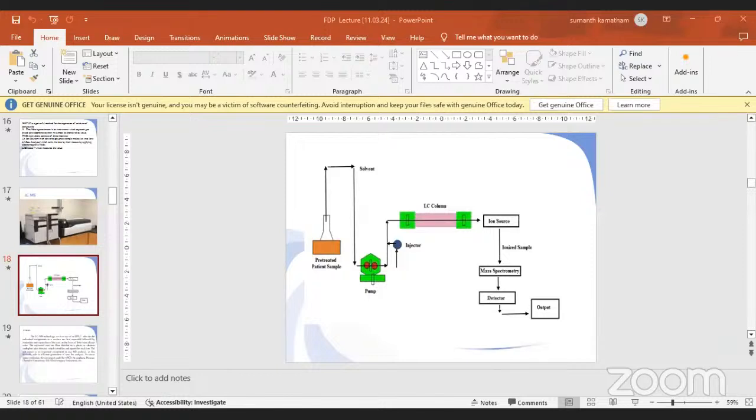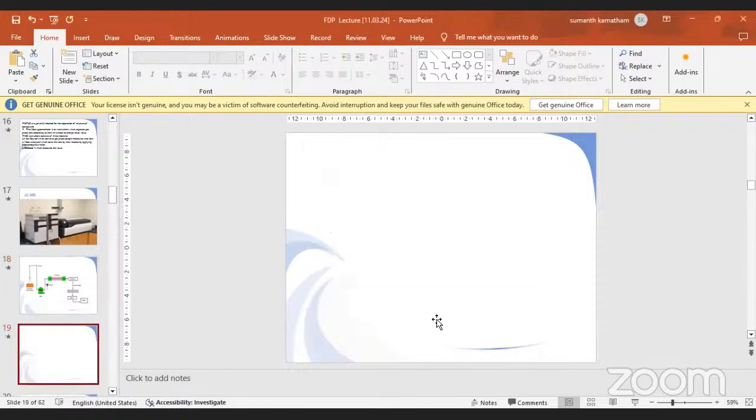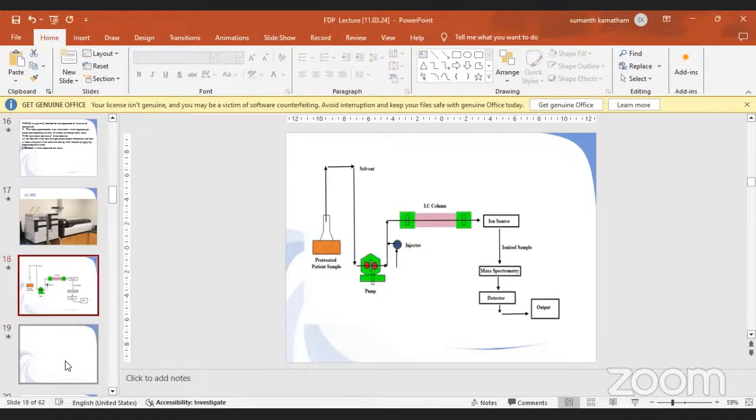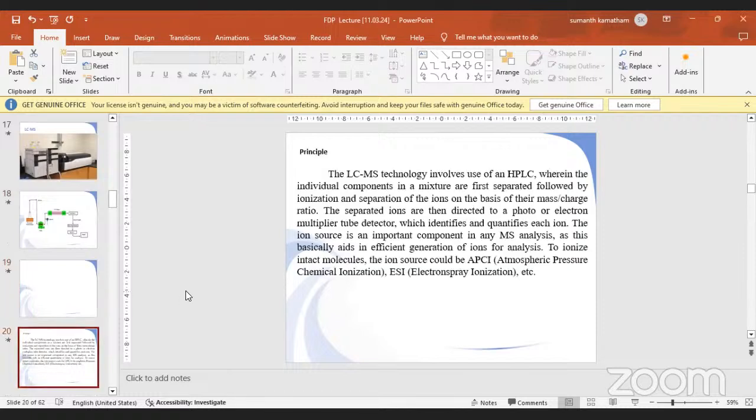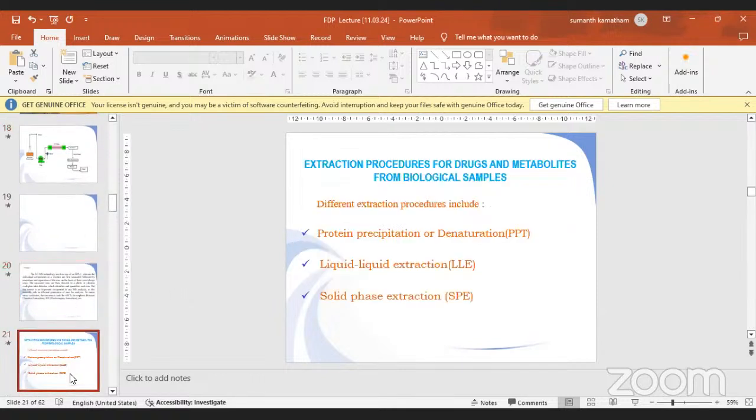So next slide, sir. LCMS includes various extraction procedures for drugs and metabolites. The extraction procedures include solid phase extraction, liquid extraction, and denaturation. For the operation of the LCMS technique, there are different extraction procedures depending upon the nature of the components.